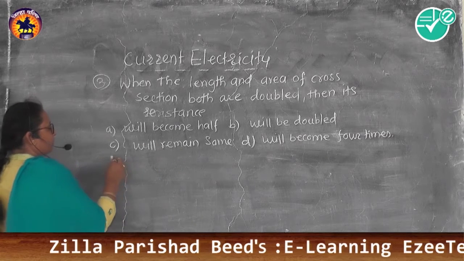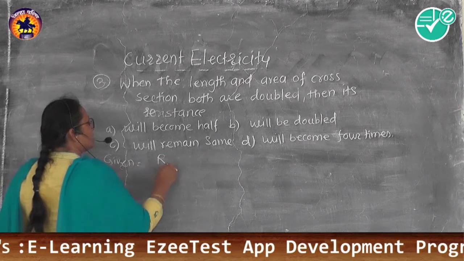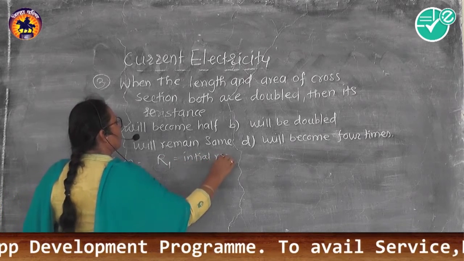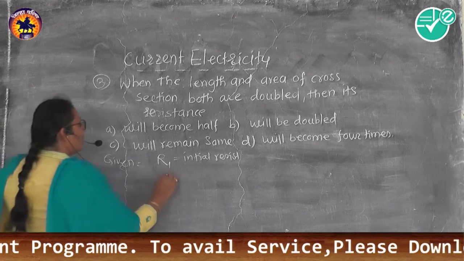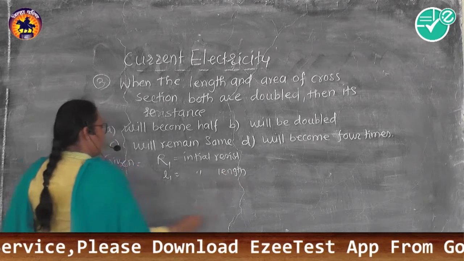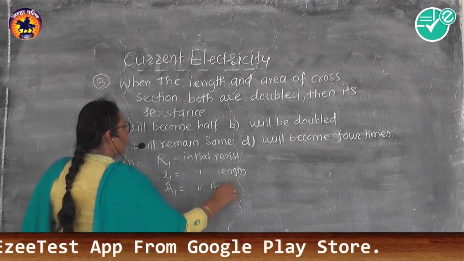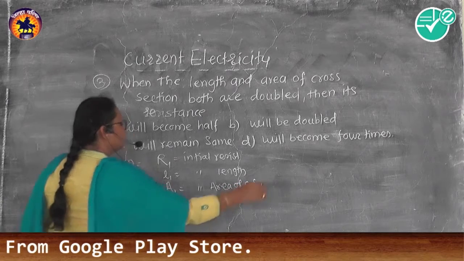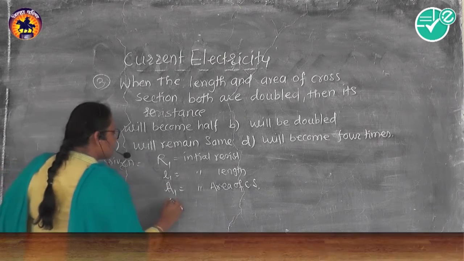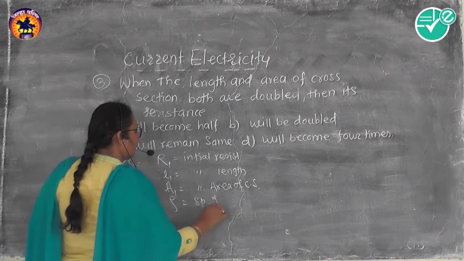Suppose there is a wire whose resistance is suppose R1, initial resistance, L1 is its length, that is initial length, and A1 is initial area of cross section. So all these things are initial values, and that resistance is having specific resistance rho, that is the specific resistance.